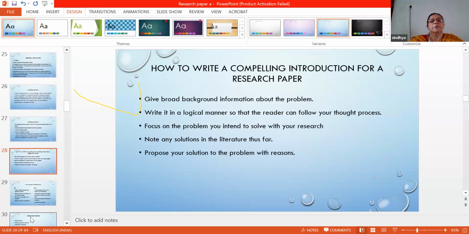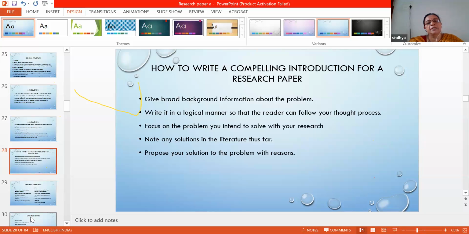And a compelling introduction should give a broad background, and it should be written in a logical manner, and it should focus on the problem. And you can note any solutions in the literature. That is, based on the literature only you have to write the introductory part. That is the quality of a paper, and propose your solution to the problem with the reasons.